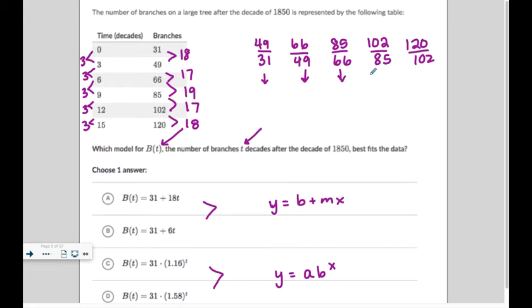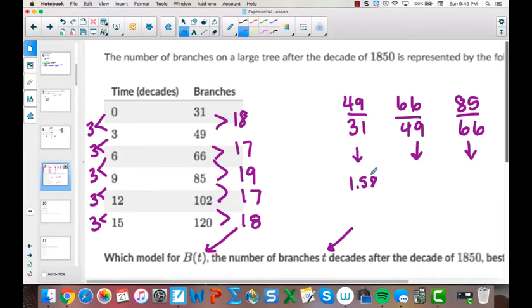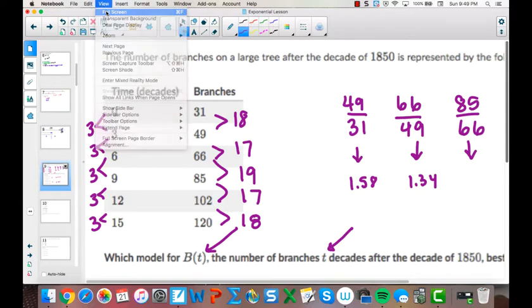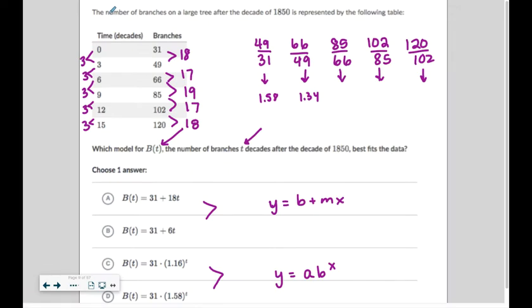Because remember, the ratio between the terms would be the same or close to it if it were exponential. So 49 divided by 31 gives me 0.58. 66 divided by 49 gives me 1.34. 85 divided by 66 gives me 1.28.